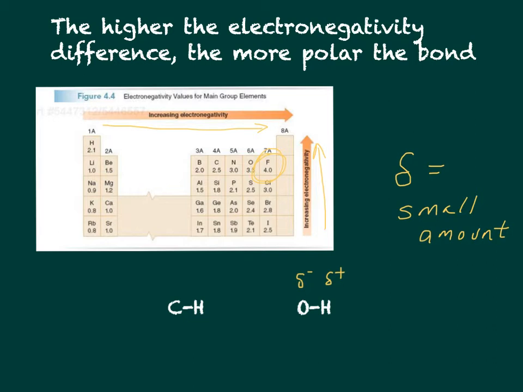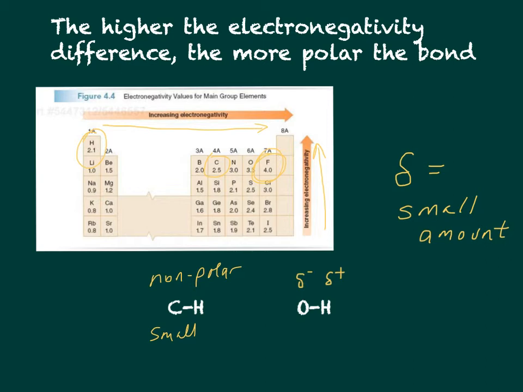Fluorine is that electronegative. Now, if you take a look at the difference between, say, carbon and hydrogen, it's a small difference. This would be what we call a non-polar covalent bond. It doesn't have a pole.